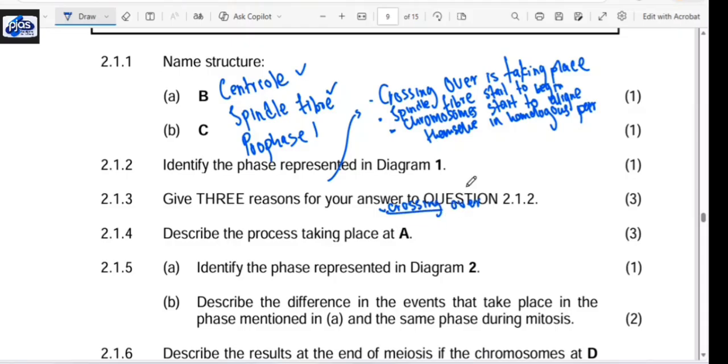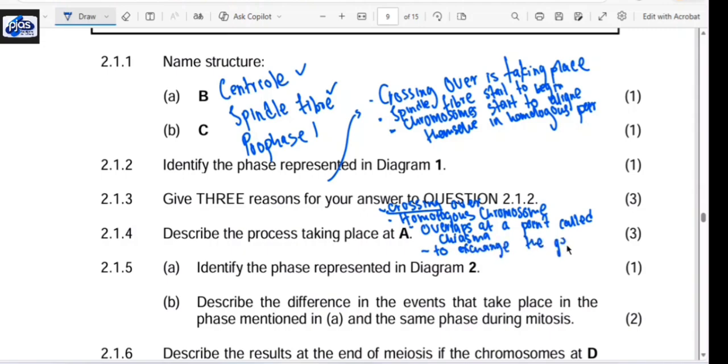We know that during prophase 1 of meiosis, the homologous chromosomes overlap at a point called chiasma to exchange the genetic material.